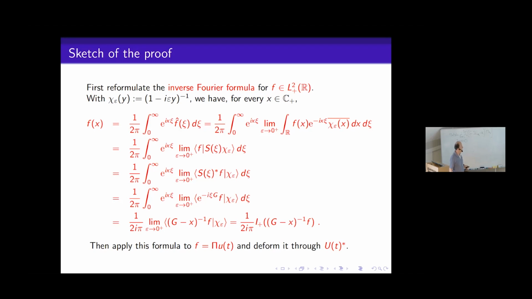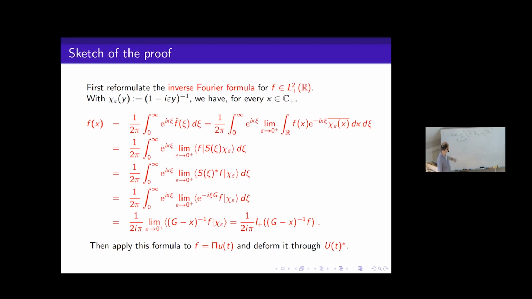I put it inside. I replace S of xi star by definition by e to the minus i xi G. And then I compute the integral in xi. I get this. And this is in fact the inverse Fourier formula: f of x equals 1 over 2 i pi I plus of (G minus x) to the minus 1 f. Which means that the formula I wrote on the whiteboard is correct if t equals 0.